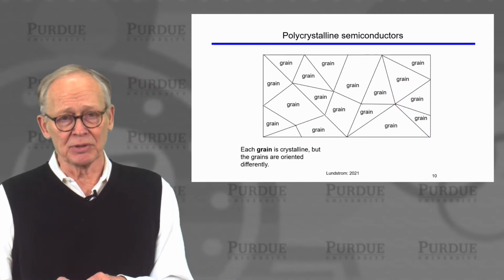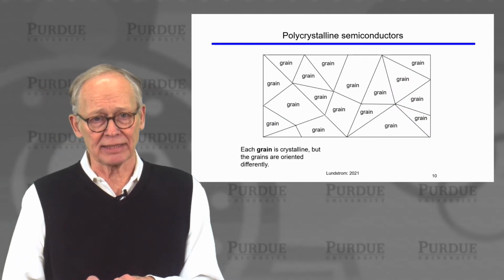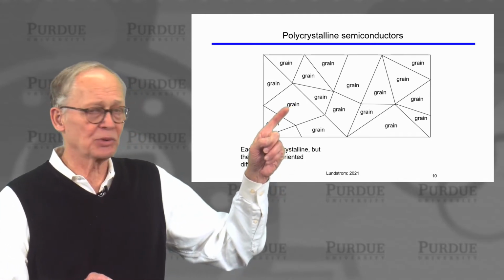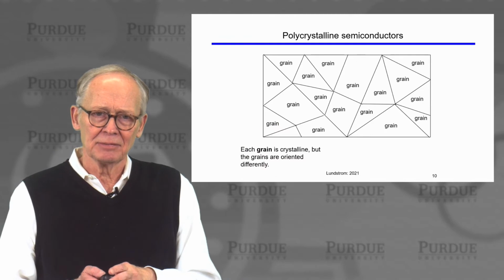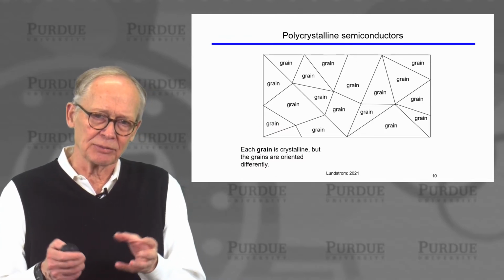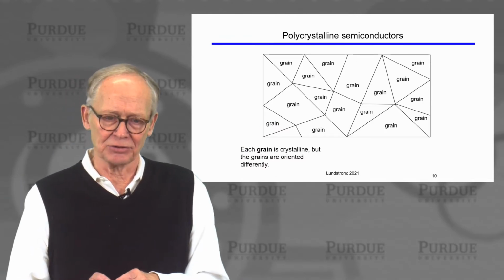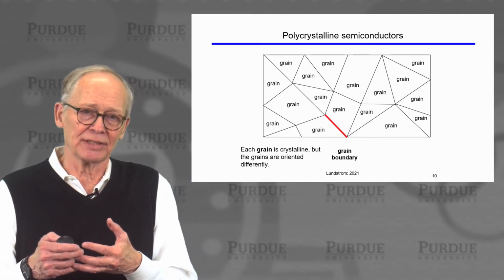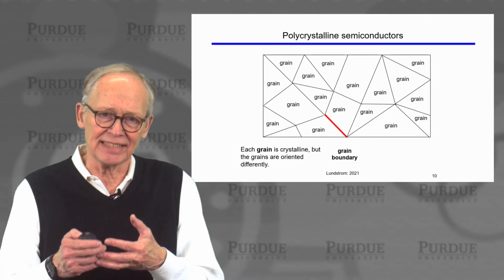There's a third type of material that is widely used called polycrystalline. Polycrystalline material consists of a number of crystalline grains, but each grain is oriented differently with respect to the grains adjacent to it. What that means is that the bonds don't line up along these grains, and it's a source of defects.